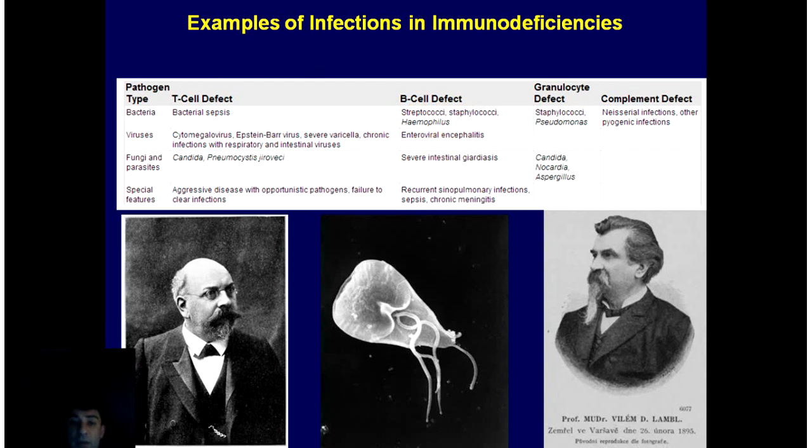Interestingly, with other fungi and parasites, T cells would fight properly. But against intestinal Giardia lamblia, we require B cells, and that's why out of many possible parasites, B cell defect results in a problem with this parasite. And here are those scientists whose family names give the name to this interesting parasite, Giardia lamblia.